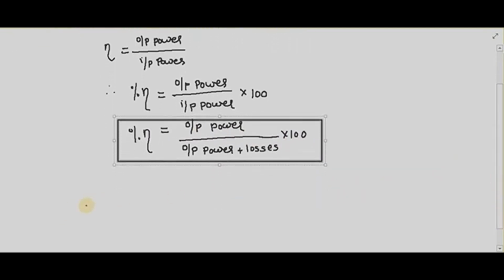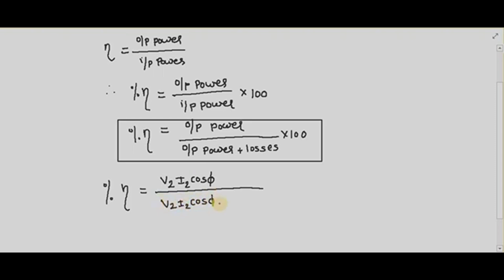So what is the output power? Again we can write down the percentage efficiency. What is output power? V2 I2 cos phi2: secondary voltage into secondary current into the cosine of the angle between them, divided by output power V2 I2 cos phi2 plus losses.